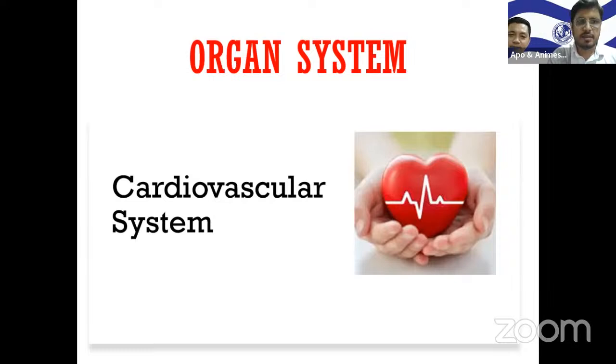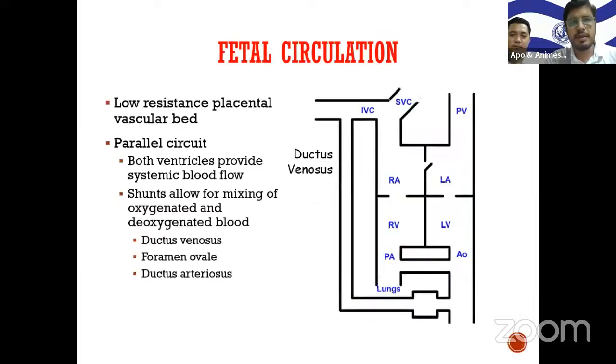So we go on with the cardiovascular system. When we talk about the cardiovascular system in infants and neonates, it is very important that we at least know about the fetal circulation. The significant aspect of the fetal circulation is, first, it has a low resistance placental vascular bed, so that the blood from the systemic circulation preferentially moves to the placenta.